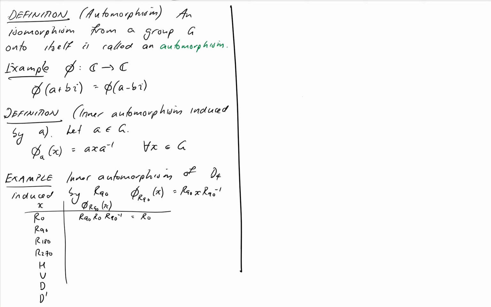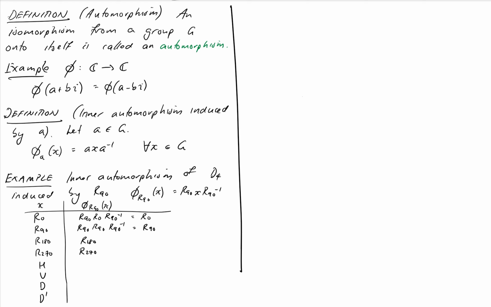Similarly, for R90 we get R90 times R90 times R90 inverse, and that just gives us R90. In fact, for all of the rotations, because they commute, the inverse just cancels out the R90, and we are left with the element itself. However, R90 does not commute with the reflections, so we do get different things there.